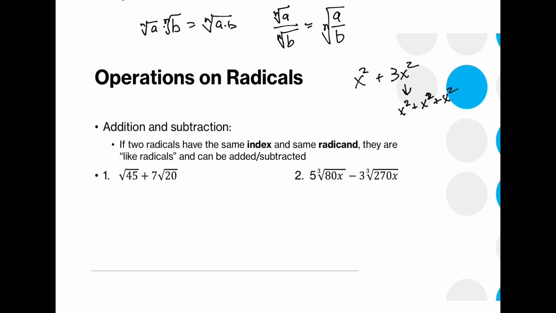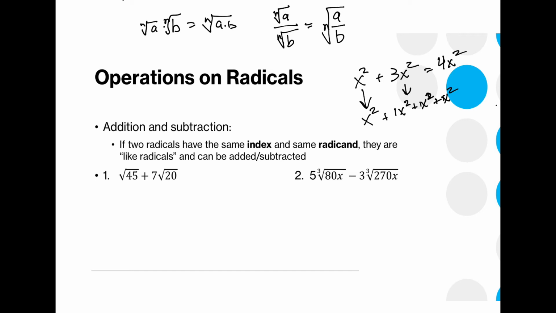Same variables with the same powers, kind of like the same radicands with the same indices. We can just express them by adding the numbers out front. And so if I have one more here, all I'm doing is adding 1 more x squared. This gives me 4 x squareds.